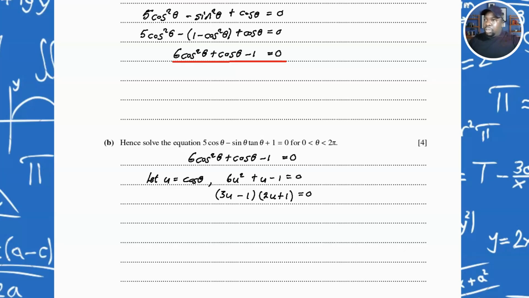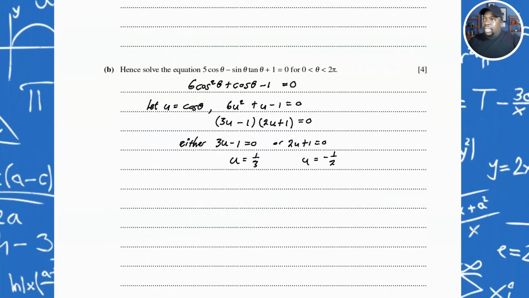So minus 2u plus this. I think we're good. So we're saying here it's either 3u minus 1 equal to 0, or 2u plus 1 equal to 0, where we get u coming out as a third and u coming out as minus a half. So basically what we are saying is that therefore cos theta is equal to a third.